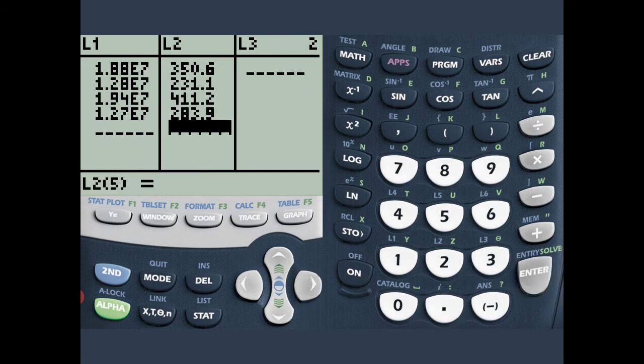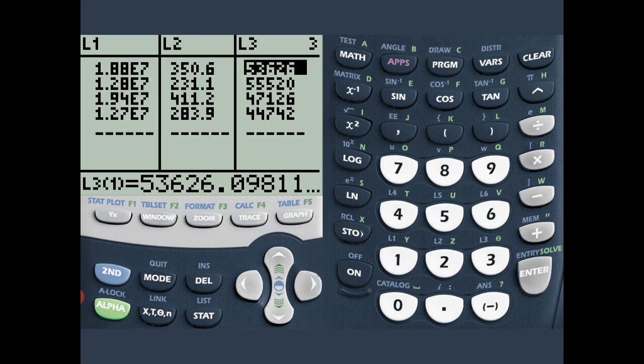All right, so what I'm going to do with this is go into L3 and highlight L3. Notice my cursor now went up to the column title. I'm going to press second 1 to retrieve L1. All of the information is in L1, and I'm going to divide that by all of the data within L2.